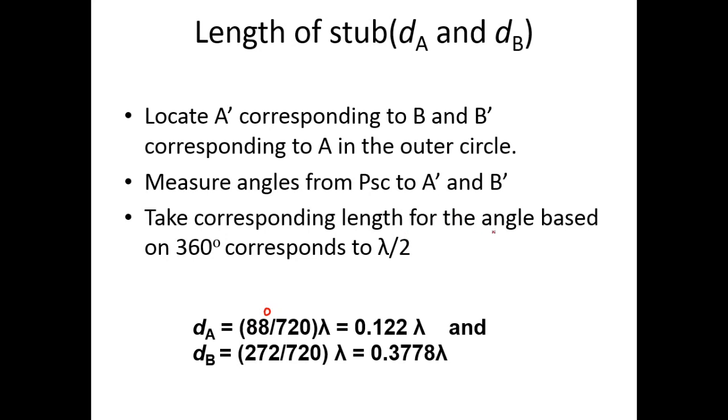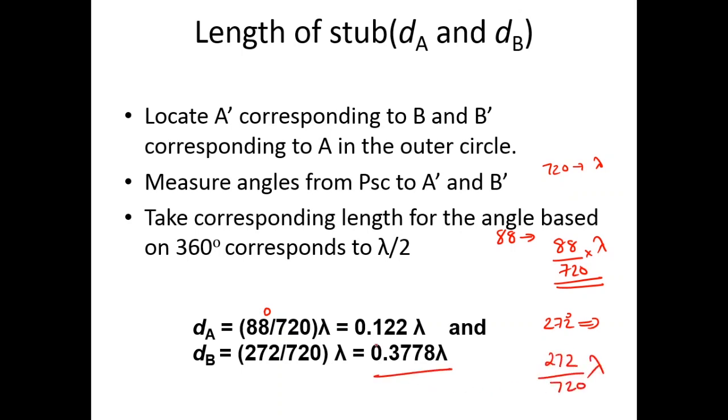So 88 by 720 into lambda, you will get the corresponding value. Similarly, for 272 degree, the length is 272 divided by 720 into lambda. You got the two values of DA and DB, which stand for the length of the stub.